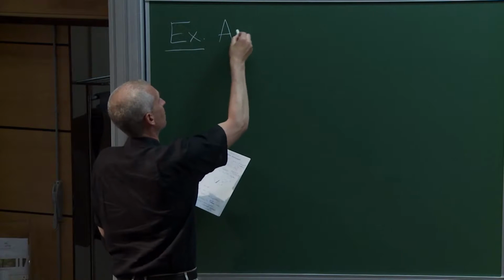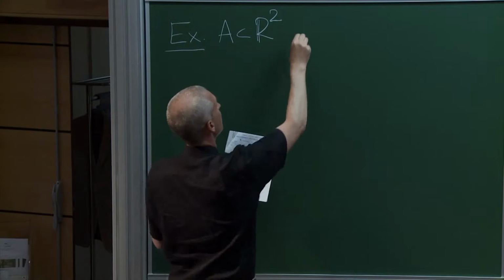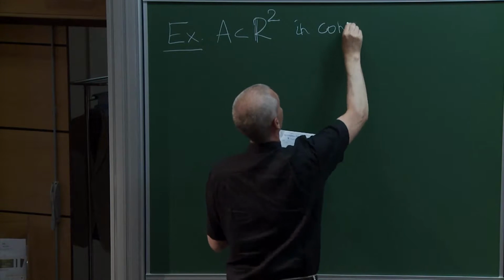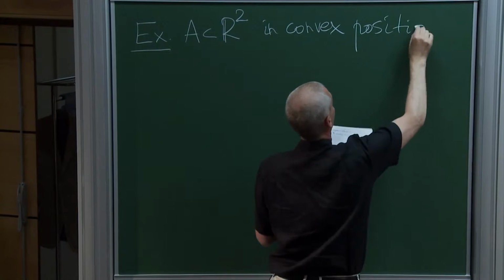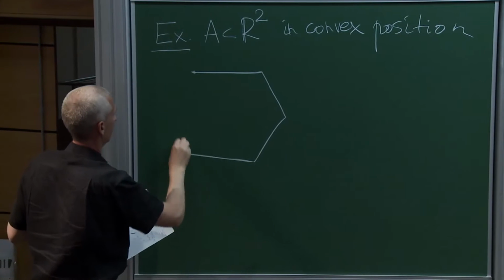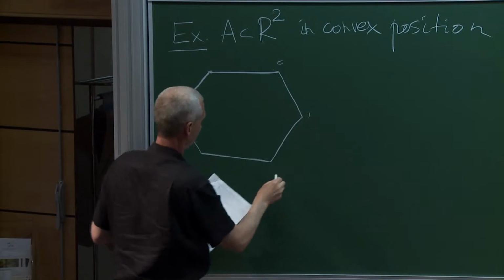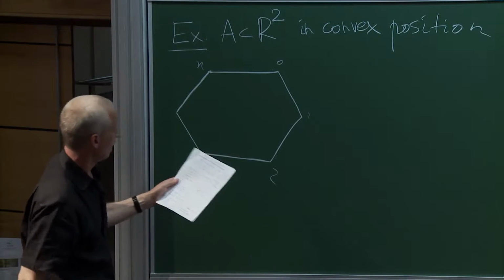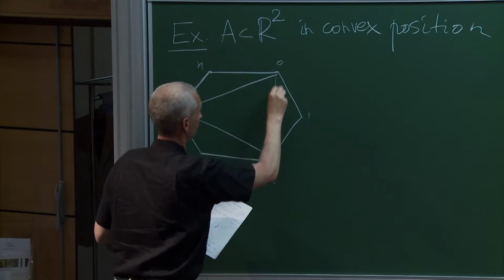So consider an example. Suppose A itself is a set in the plane, in convex position. It's something like this, so all the points are here. We label them 0, 1, 2, up to n. Then a triangulation is the same as a bracketing of symbols.